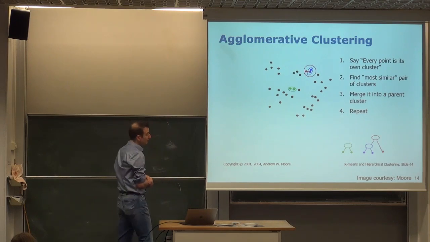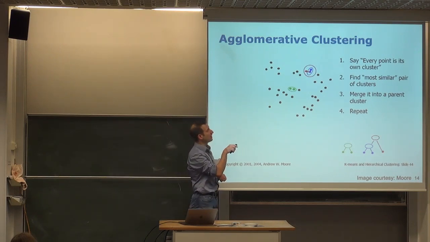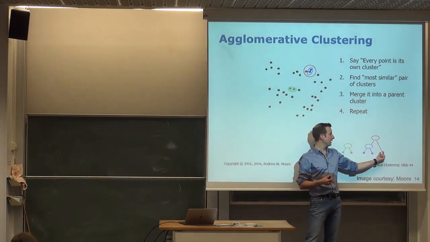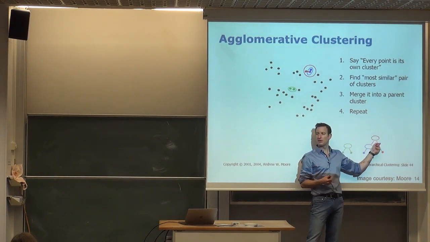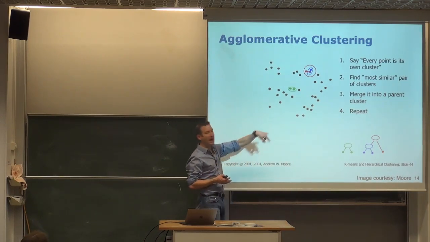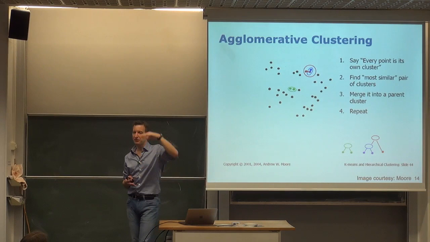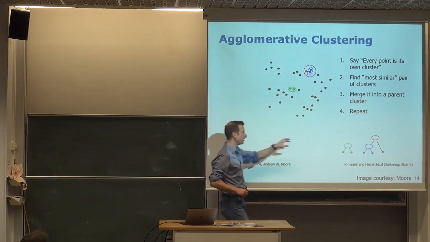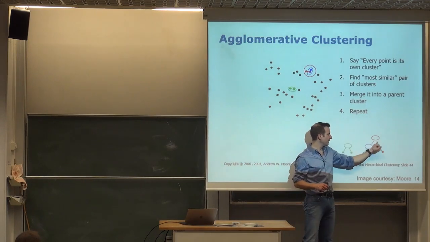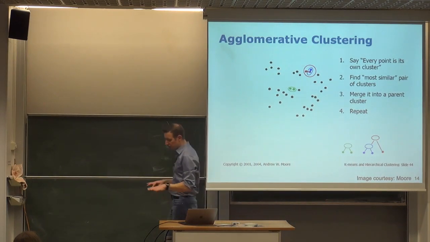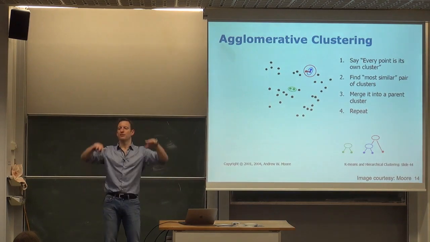If I illustrate this as a tree, I'm assigning the red element to the blue cluster. So I have the blue cluster and the red element, and this now forms this red cluster over here. So you can see that I start building up a hierarchy. This is still a tree, but I now have an additional level in my tree. I'm building up the tree from the leaves toward the root.